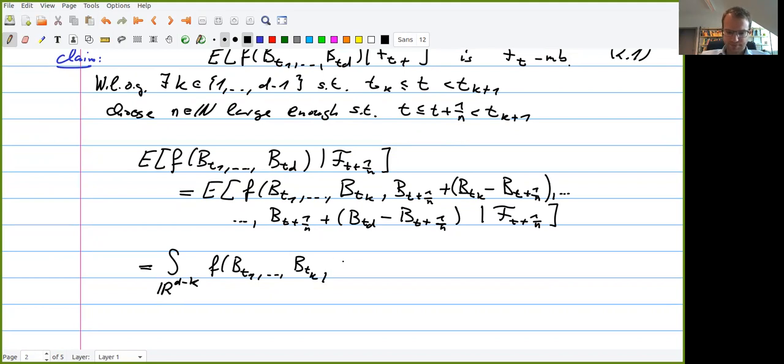And now I can replace these increments by constants over which I want to integrate.